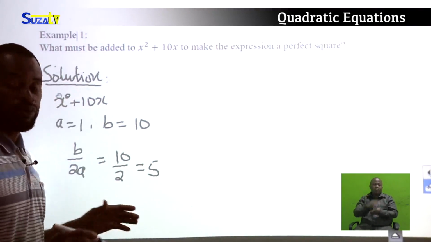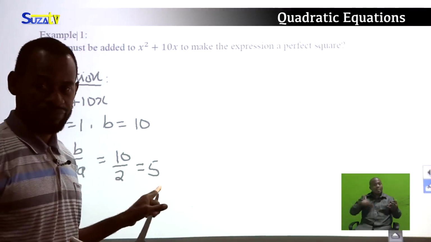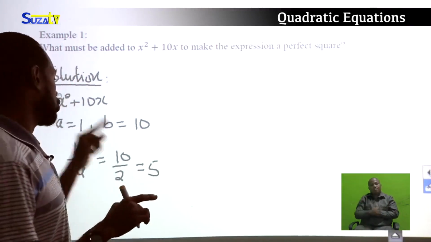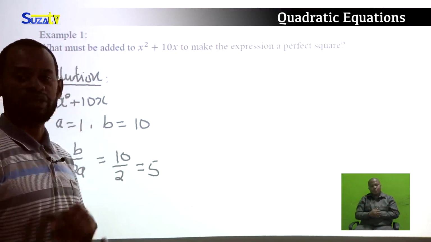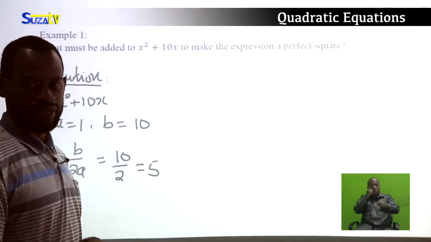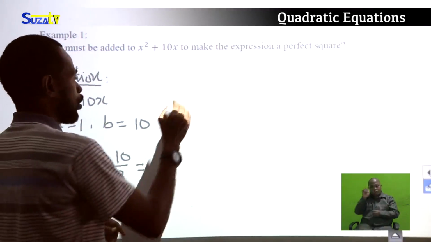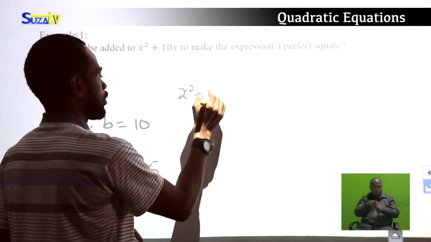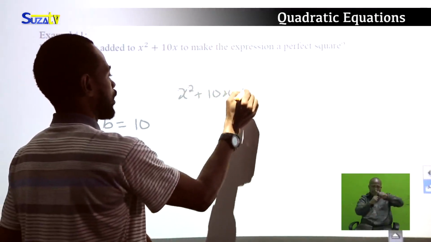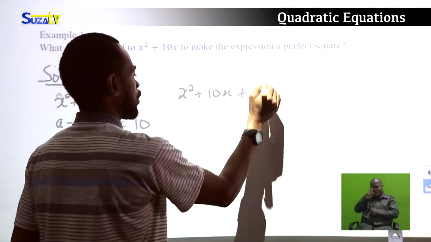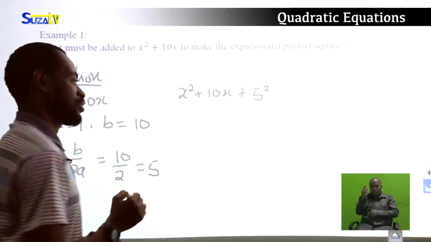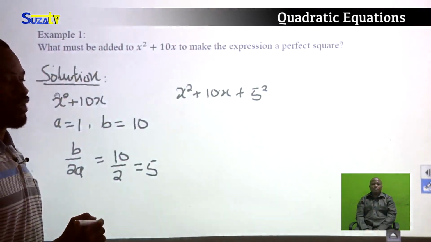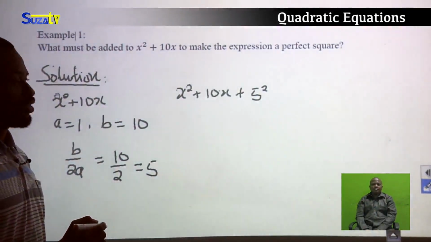Now, we're supposed to add 5 squared to this expression to make it a perfect square. So x squared plus 10x plus 5 squared.